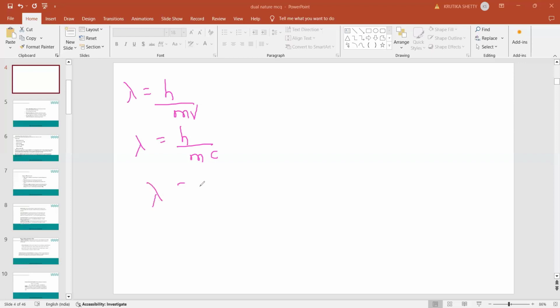Lambda, write it down, can also be written in terms of kinetic energy, students. It is h divided by under root of 2m into EK, where EK is the kinetic energy and m is the mass. So h divided by under root of 2 m EK.